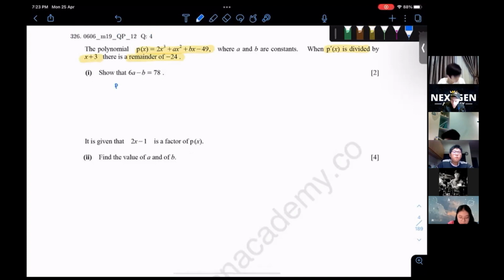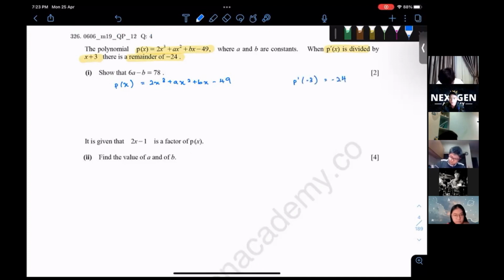So p(x) equals 2x cubed plus ax squared plus bx minus 49. What does this statement say? When p prime x is divided by x plus 3, there's a remainder of negative 24. According to the remainder theorem, p prime of negative 3 will be negative 24.